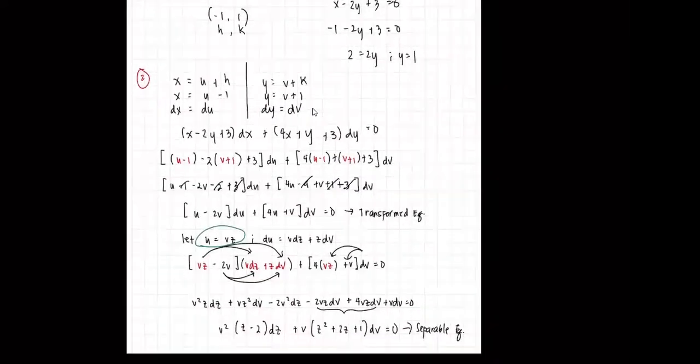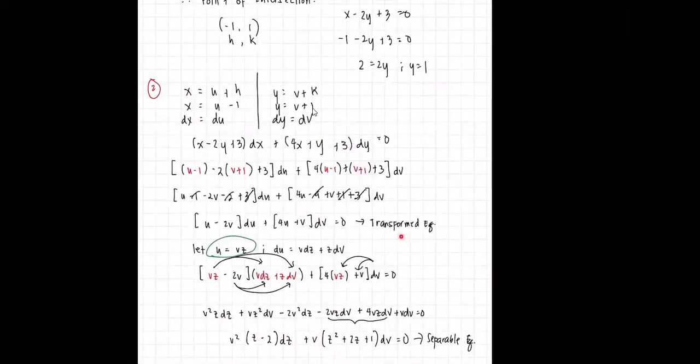Once na meron tayong transform equation, na ibig sabihin nasa homogeneous equation na form siya. So, meron ulit tayong another transformation ng variable, which is nag-introduce tayo ng bagong z, no? Kasi yung ginamit natin last time is v lang, no? V, x, and y lang. Since nagamit na natin ng x and y, tsaka v dito, tsaka u, kailangan mag-arrive tayo ng another substitution. So, yung v yung kasama.